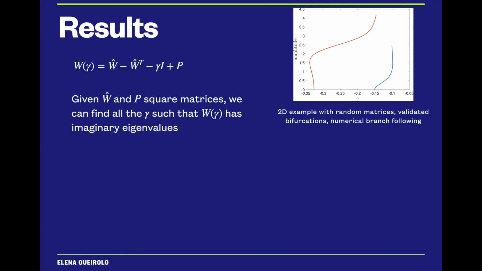given any W hat and P square matrices of the same size, we can usually find all the gammas such that W gamma has imaginary eigenvalues, so that our ODE is undergoing a potentially degenerate Hopf bifurcation.